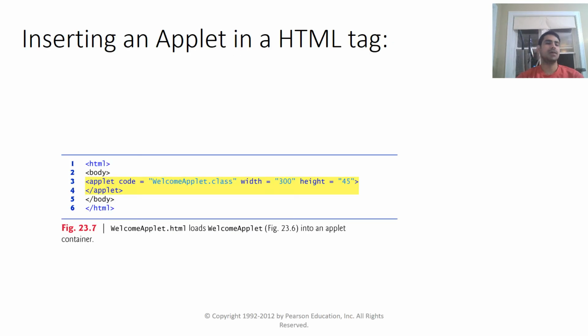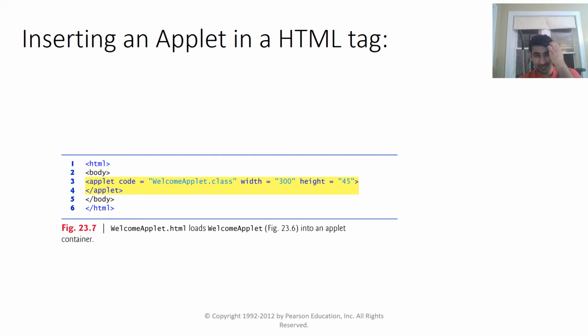And how are we inserting an applet in an HTML document? First, you can see there's an HTML opening and closing tag. Then we are giving the body tag. The body tag contains the main part of the web page, what is going to be displayed, and we are inserting an applet.